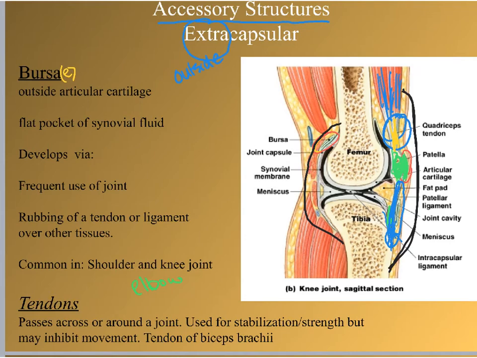We'll talk about this when we get to muscles. But they also might inhibit movement. So it's kind of a trade-off between mobility and stability. The more mobile a joint is, the less stable it is. But the more stable a joint is, the less mobility there is. So always a trade-off.